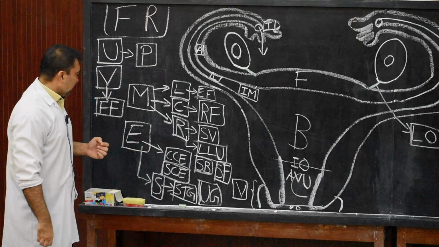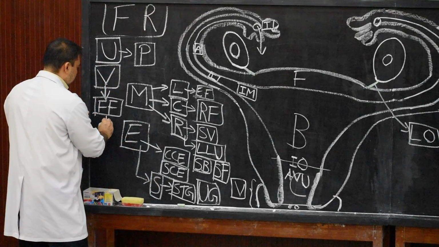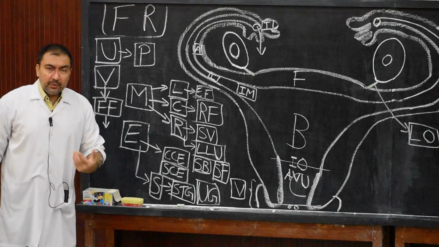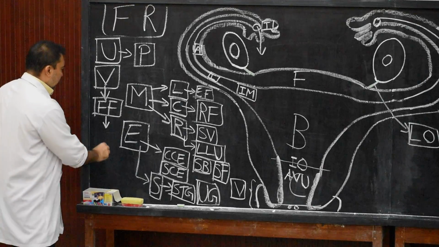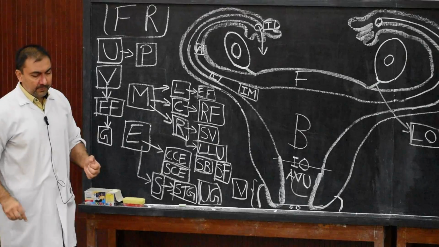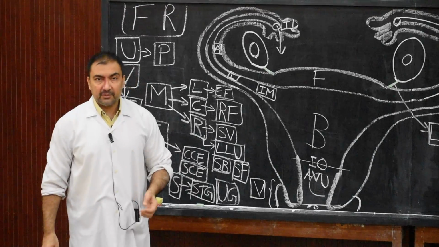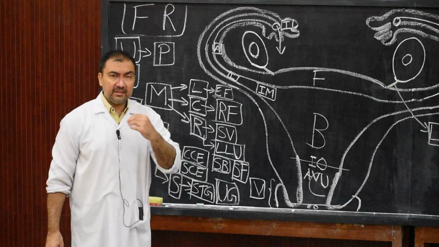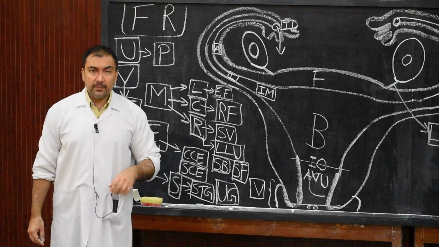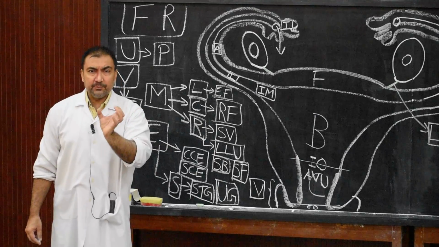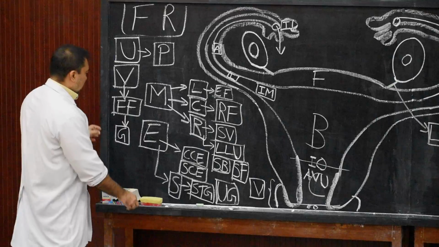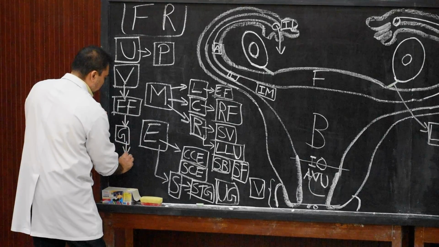Similarly, the cells of the vagina during puberty contain glycogen, and this glycogen helps in providing nutrition to the spermatozoa. Also, this glycogen is converted into lactic acid by Doderlein's bacilli, which are found within the mucosal lining of the vagina. This is the normal bacterial flora.